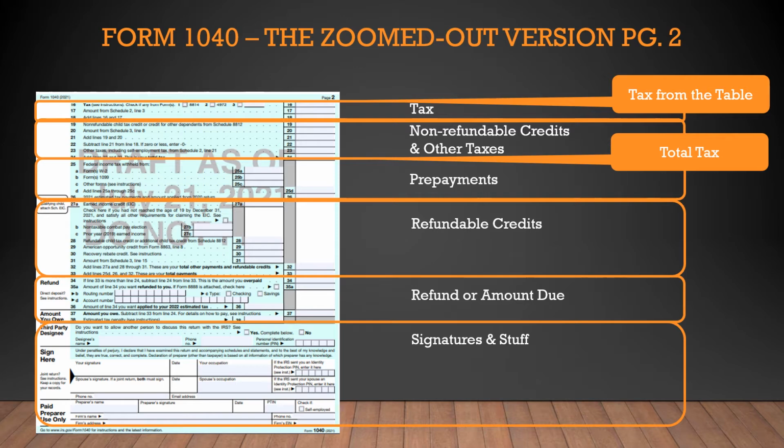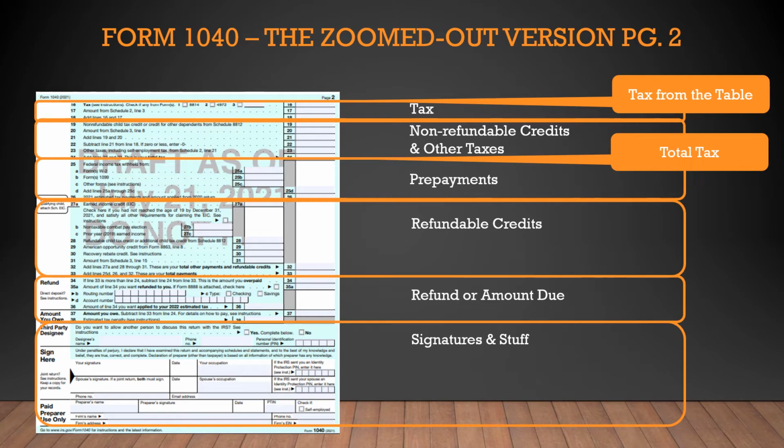The next section is for non-refundable credits and other taxes. Now, credits lower the amount of tax that you would owe. Non-refundable credits can lower the amount of tax you owe to 0, but they cannot give you any money back if your tax amount is 0. Then there are other taxes, things like self-employment tax, that might need to be added back into your tax.